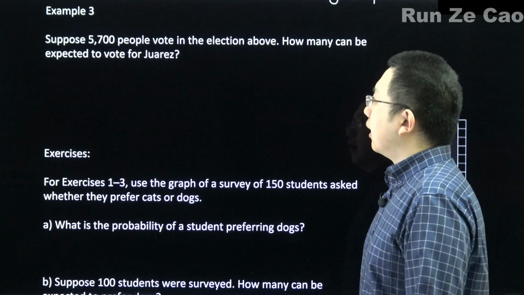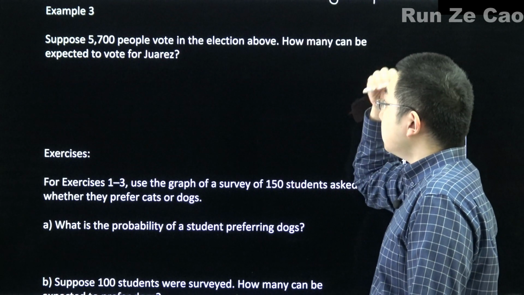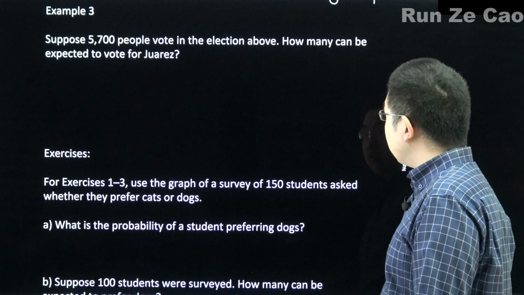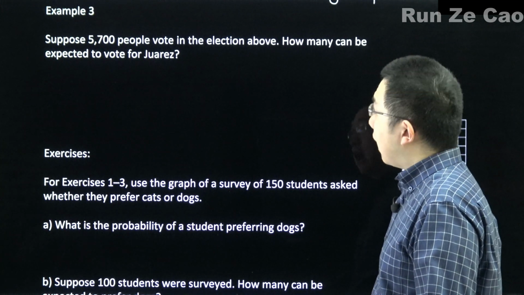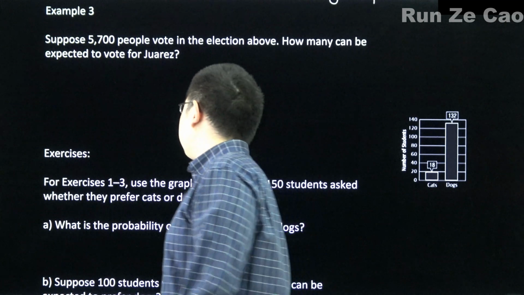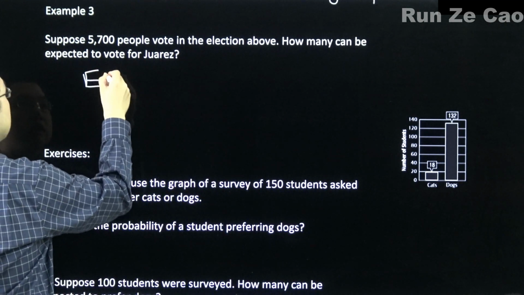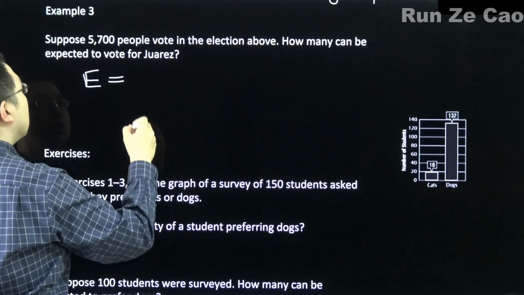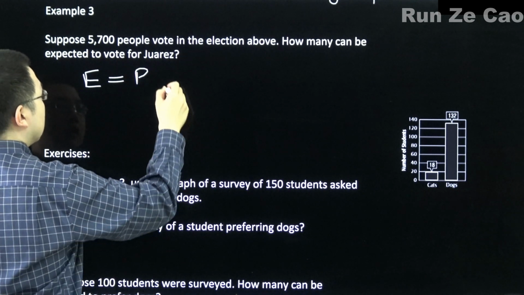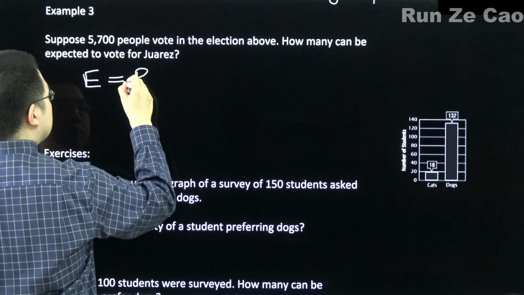Yeah, so, suppose 5,700 people vote in the election above. How many can be expected to vote for Huarei? Well, expectation is equal to probability times n, or NP.